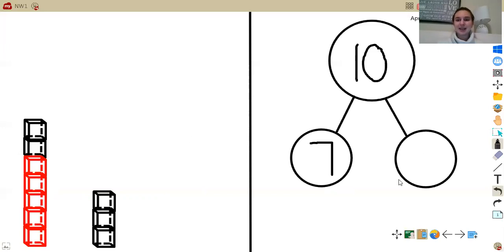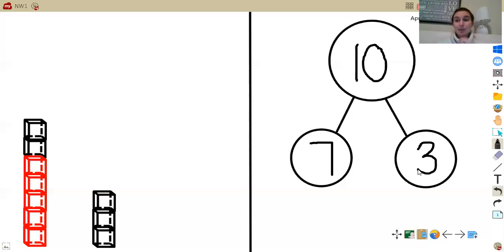Now, my second part represents the number of cubes I took away. So remember, you guys already counted how many I took away. So go ahead and fill in the last part of the number bond. You're right, it's 3.